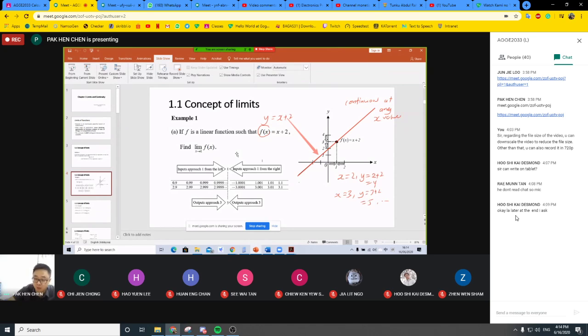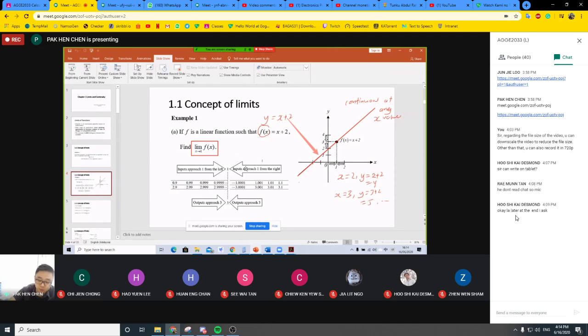We can get any y value by substituting x into it. Now, if we want to study a particular one, which is the limit as x approaches 1 of f(x), I will take some points here. Can you see this relationship or not?